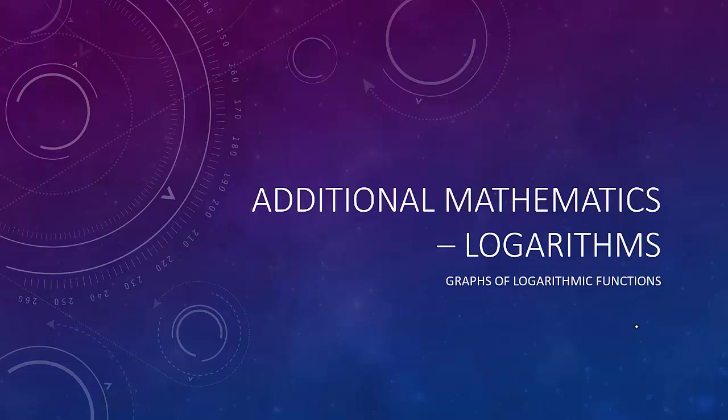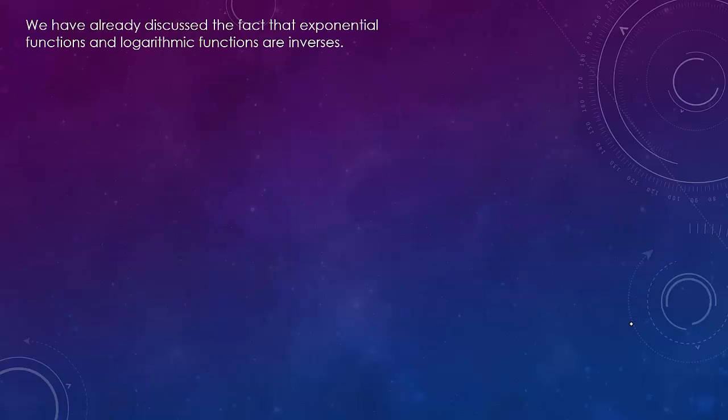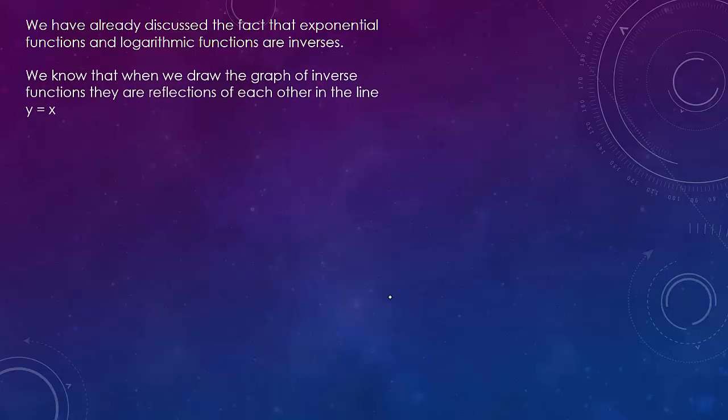Graphs of logarithmic functions. We've already discussed the fact that exponential functions and logarithmic functions are inverses. We know that when we draw the graph of inverse functions, they are reflections of each other in the line y equals x.